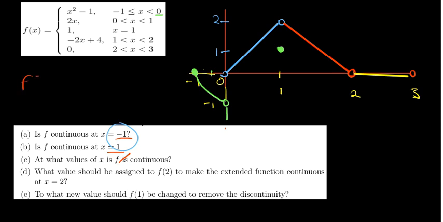So when the function at a given point, let's say at the point C, f of C is equal to the limit of the function as x approaches C, when the limit at that point and the value of the function are equal, the function is said to be continuous. Okay, so what does that mean?